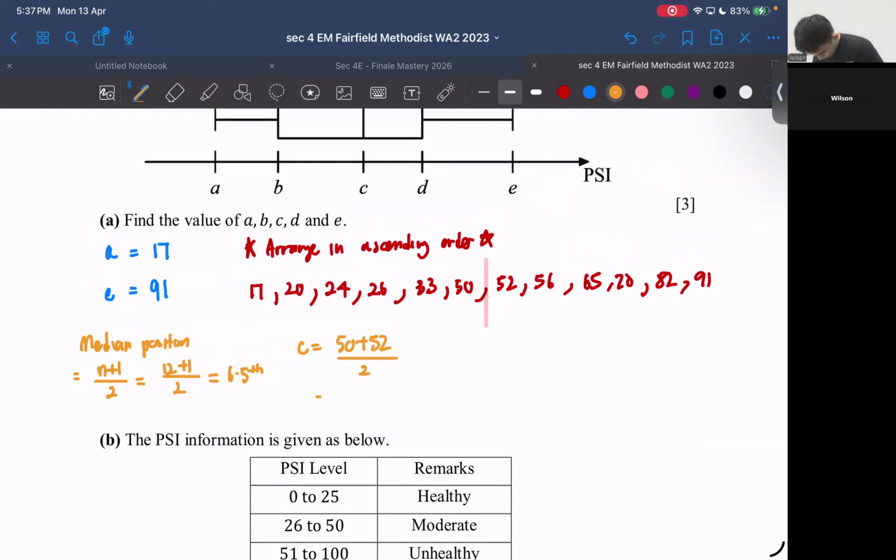Okay. Why can't we go? Because this is discrete data. The one we just did, right? This one is numerical data, so you cannot use this method to find out your upper and lower position. So over here, what we can do is cut this one up and cut this one up.